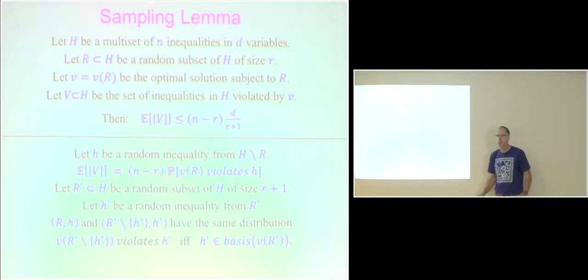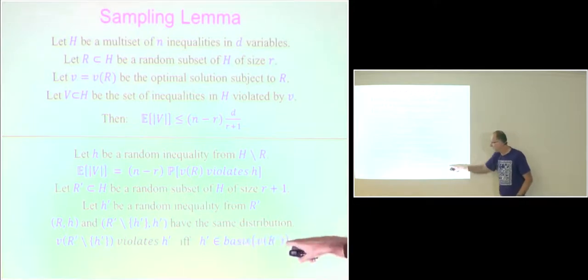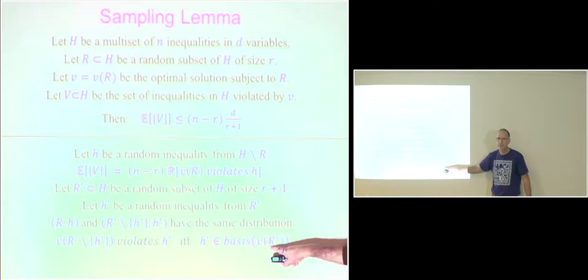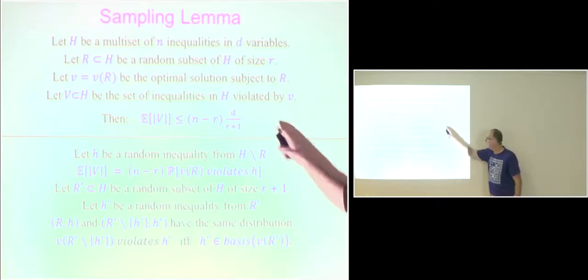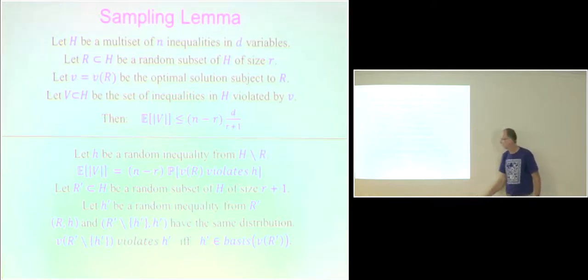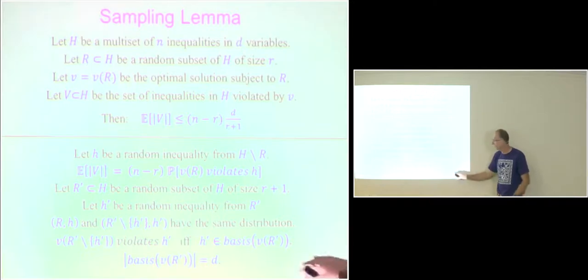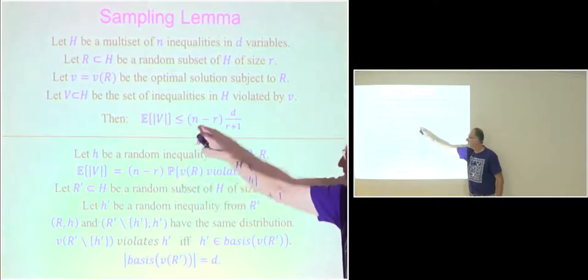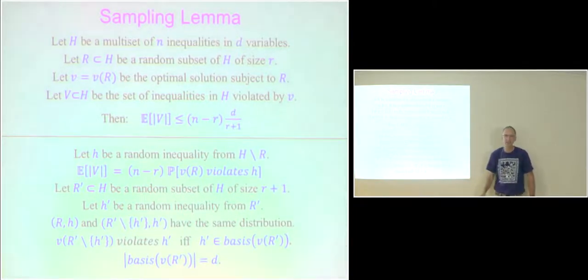Now, when can this happen? Only if H prime is part of the basis of V of R prime. Right? What's the size of the basis? d. Right, so what's the probability that this happens? It's exactly d over r plus 1. Okay, so that's the probability that we get a violation. We just need to multiply it by n minus r, and we get this bound.